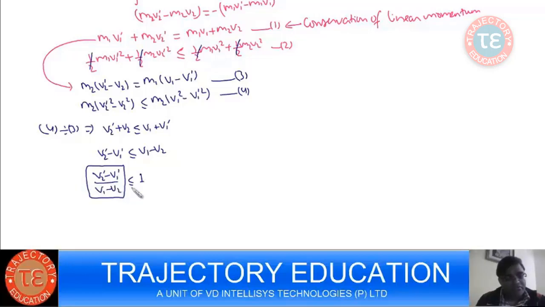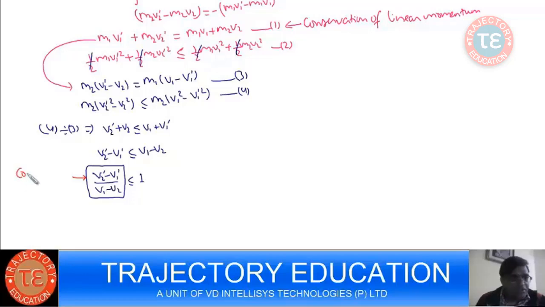If this is 1, there is no transformation of K, mechanical energy is getting conserved. If it is less than 1, it means a part of K is getting converted into heat, light or sound. That's why the ratio is very, very important. In one shot, it is giving you a good idea of the collision.